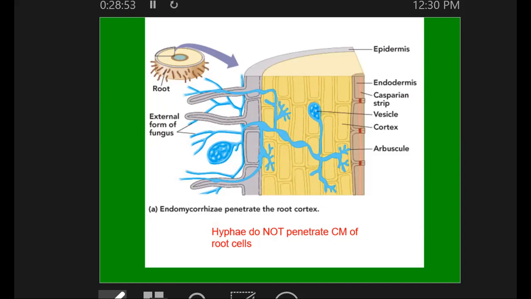So they're very lightly growing on the surface. And then some of those hyphae go off in the soil, and some of the hyphae go into the root tissue. So you have hyphae doing different jobs. Some are destined to grow into the root tissue.